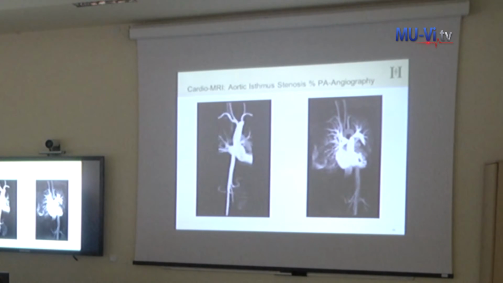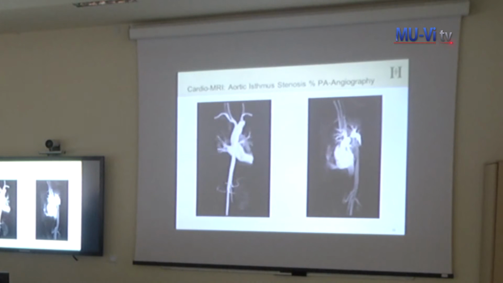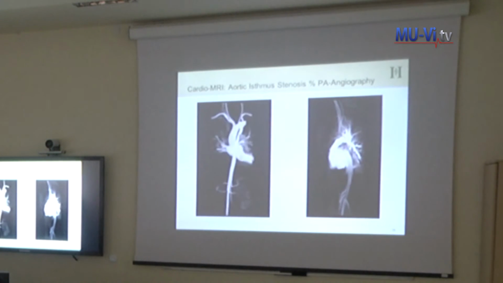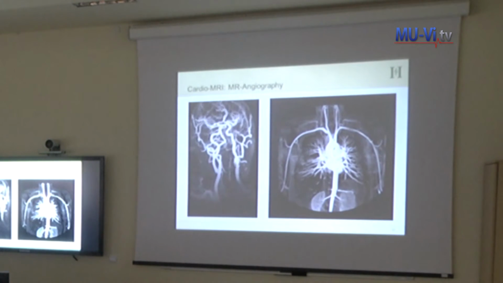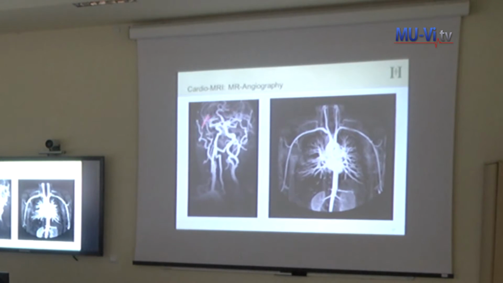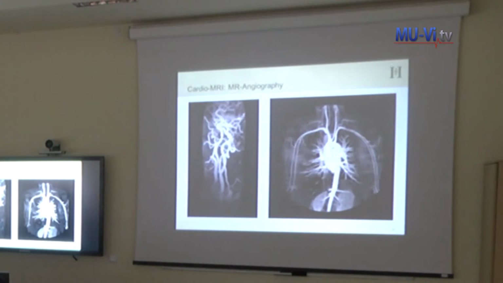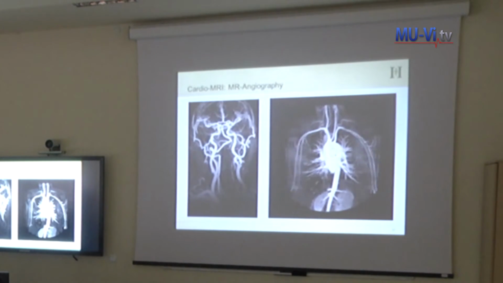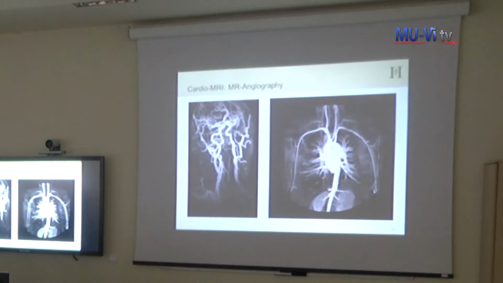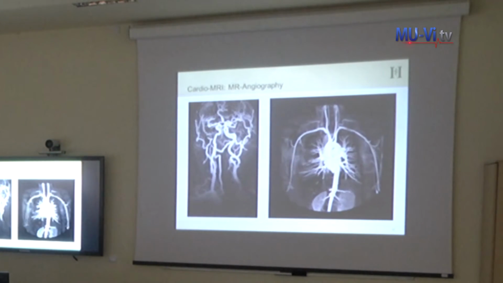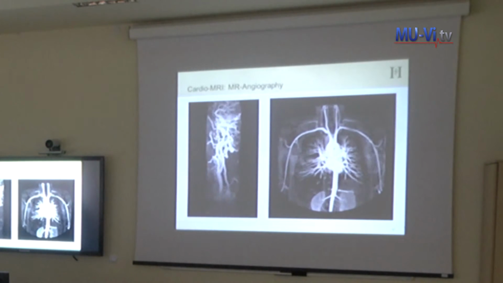And this is a pulmonary artery angiography on the left-hand side. This is your brain on the right-hand side with all your arteries, and on the left-hand side your heart, your arms, subclavian arteries, down to the renal arteries.